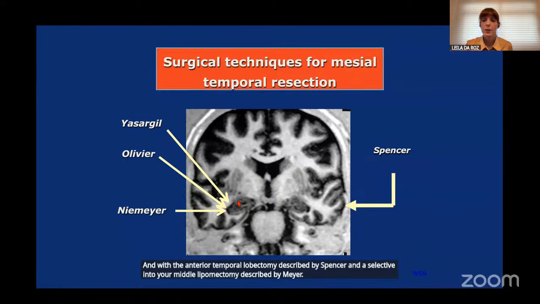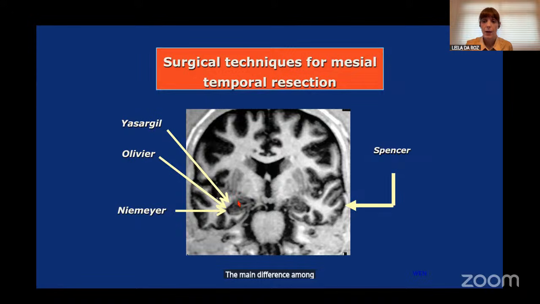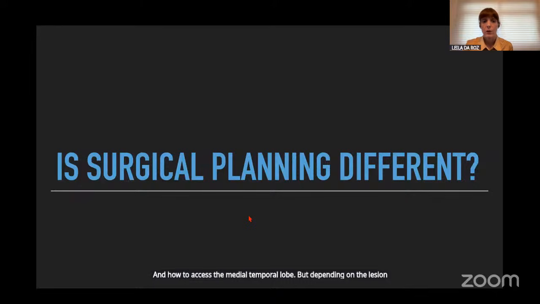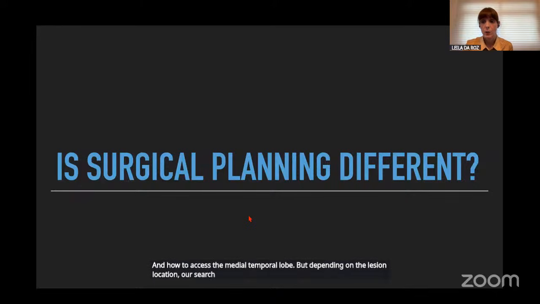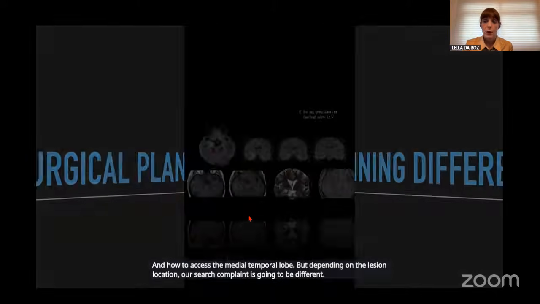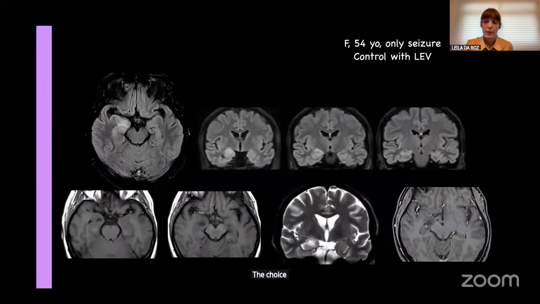The main difference among these techniques lies in how the ventricle is entered and how to access the medial temporal lobe. But depending on the lesion location, our surgical plan is going to be different. The choice of approach is based not only on surgeon's familiarity, but also on the location of the lesion.